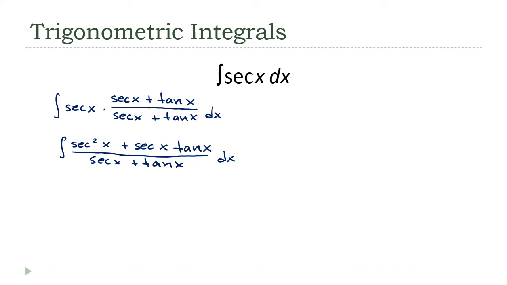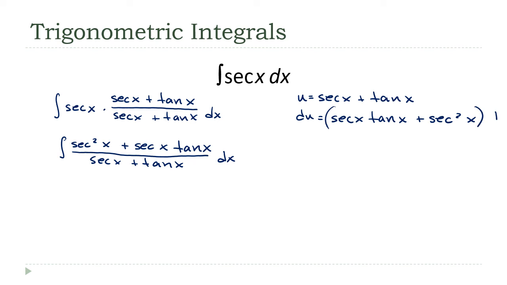So I'm going to let u equal secant x plus tangent x. Then du is equal to secant x tangent x plus secant squared x dx, and that's just our numerator. So the whole numerator becomes du.